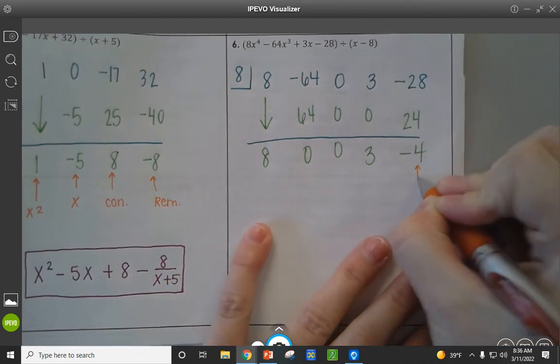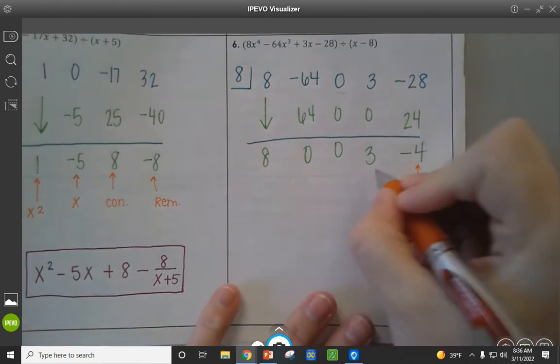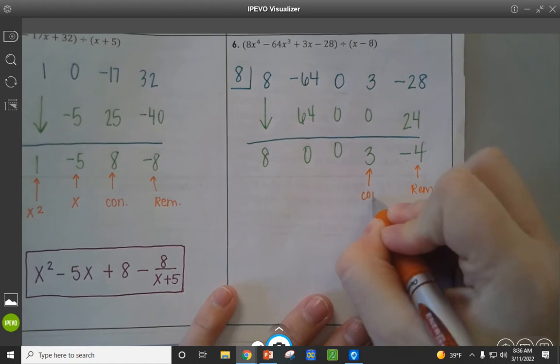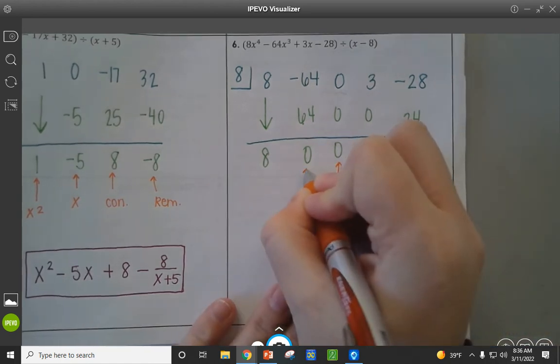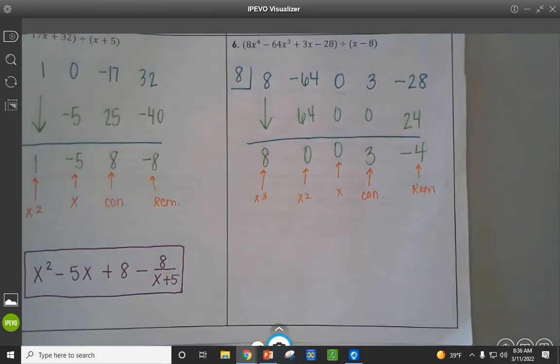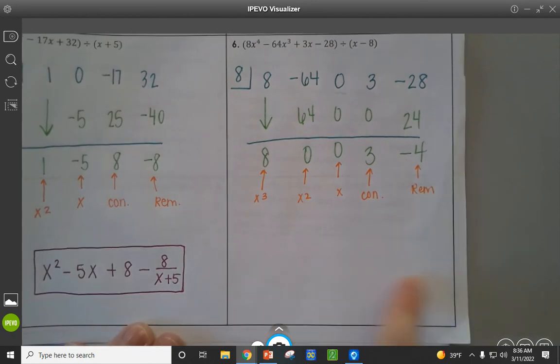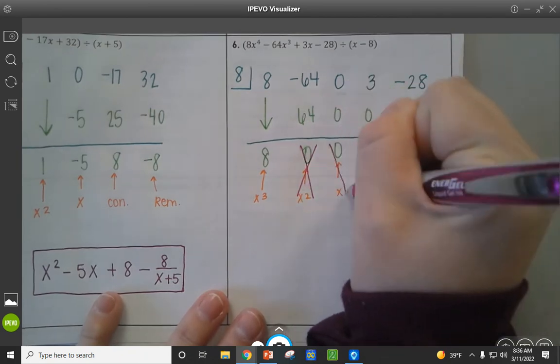So this last number would be your remainder. Then we have a constant. This one would be an x, x squared, x cubed. When we write the answer out, you do not need to write the ones that have zeros.